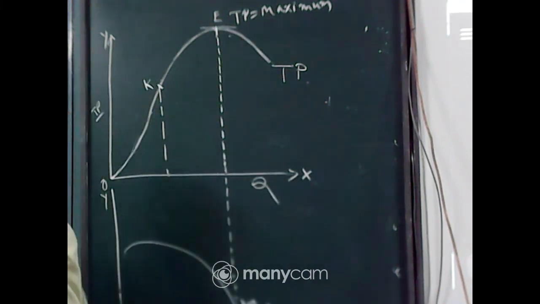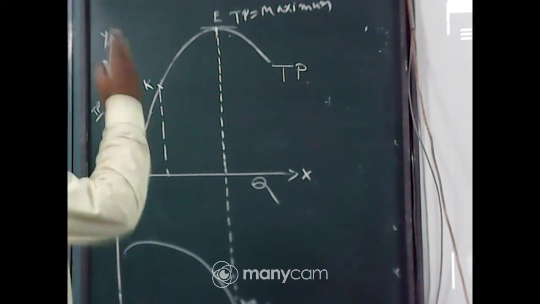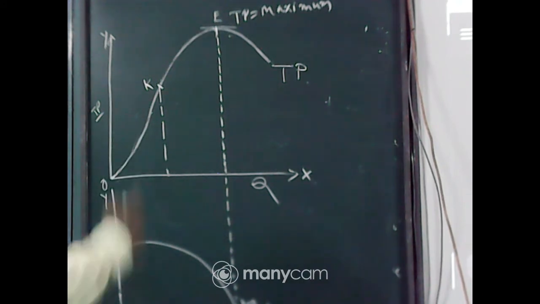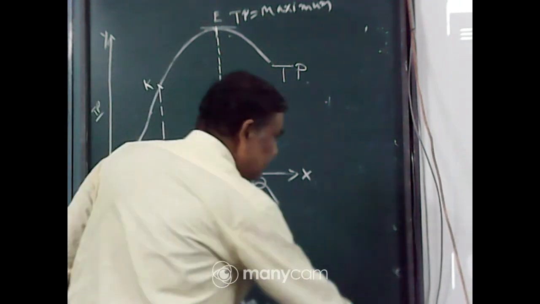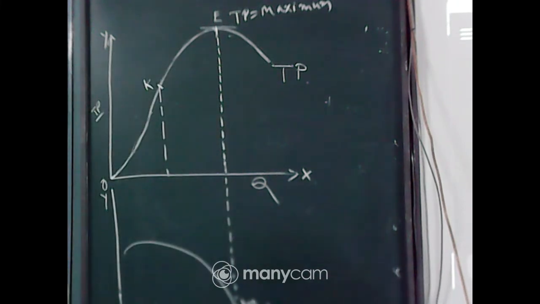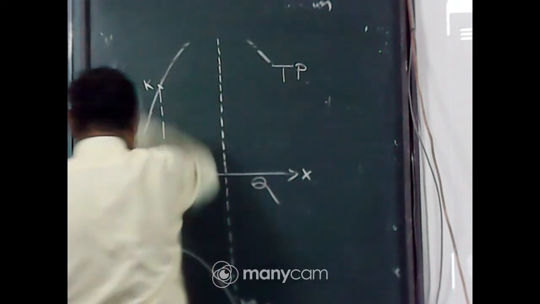Sometimes the question comes: show with the help of a diagram that when MP, marginal product, is 0, total product is maximum and why. You have to explain all these. And if you draw this diagram and explain, you will get full marks. I am reviewing it to proceed to the next part of discussion.